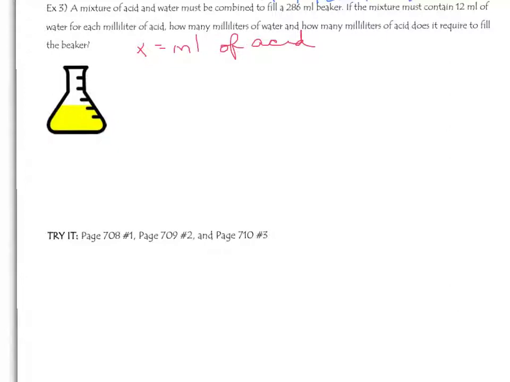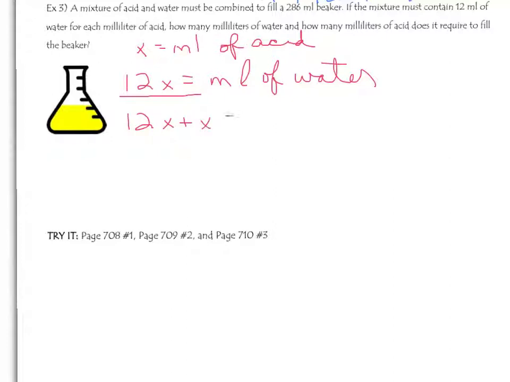So we know that x equals the acid, and when we multiply x by 12, because every milliliter of acid contains 12 milliliters of water, so we know that 12x equals the milliliters of water. And when we add those together, 12x plus x, we're told that we fill the beaker with 286 milliliters.